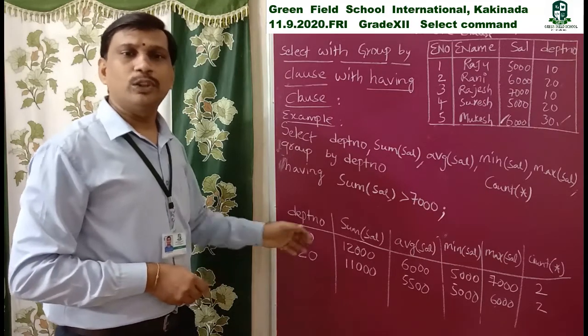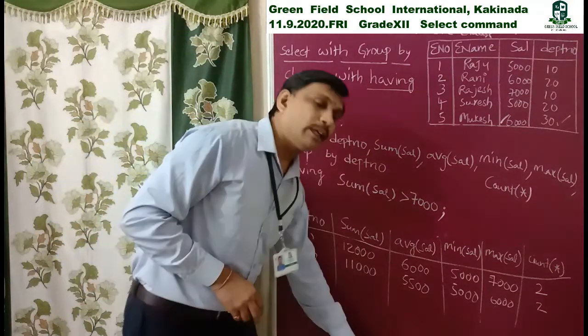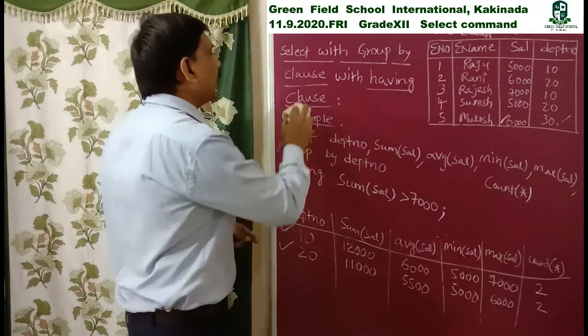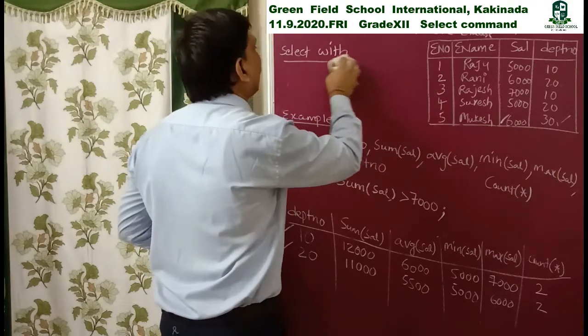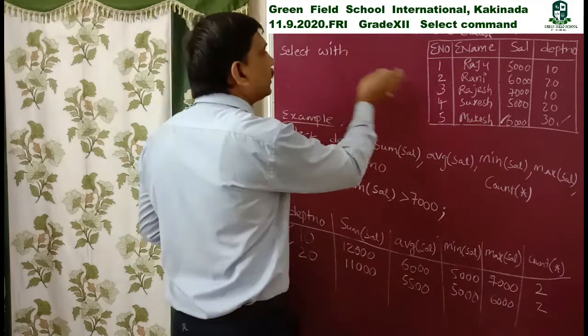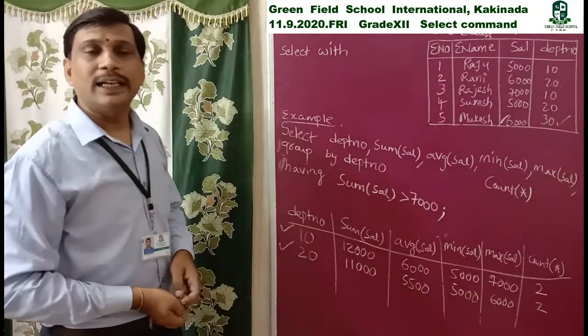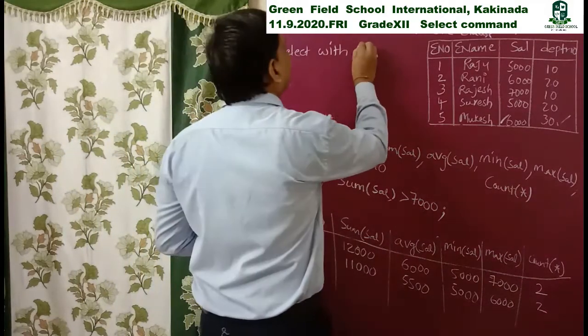Okay, understood my point? Next, coming to the order by clause. Already explained this order by clause, select with order by clause. Here, I continue the same example for order by clause.